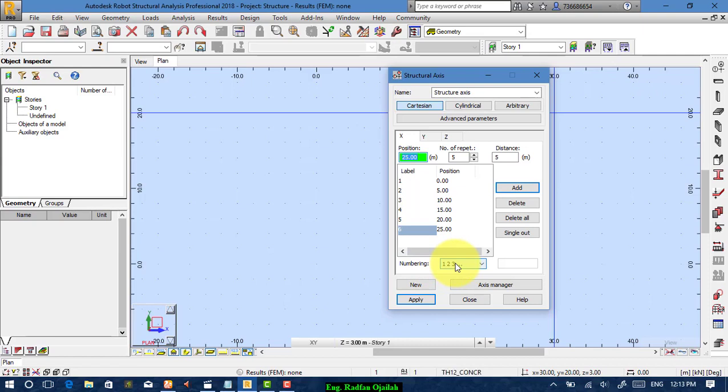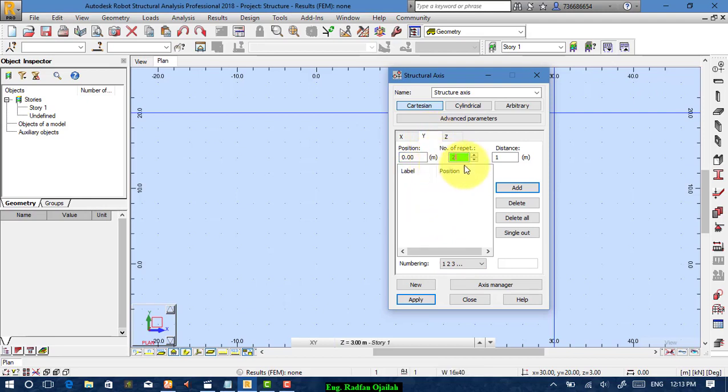We can add numbers, letters and values, or we can define a new form that is like numbers and letters, like F1, F2, F3, and so on. Move to the y-axis and number of bays.